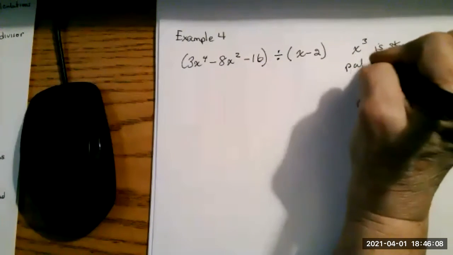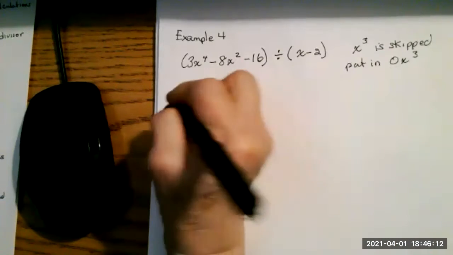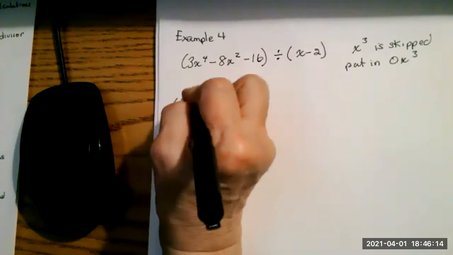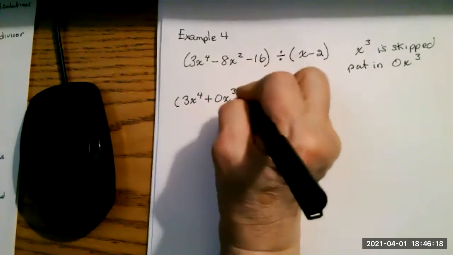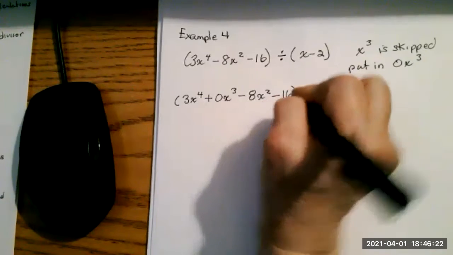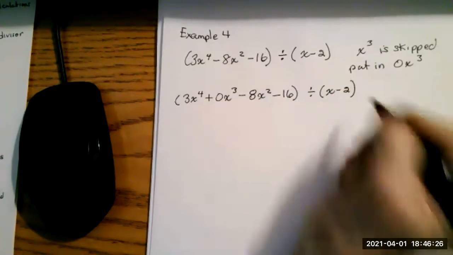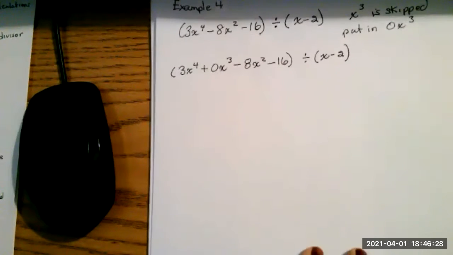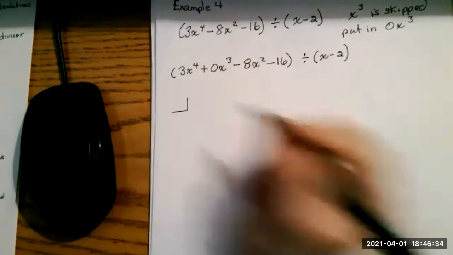So we want to put in 0x cubed. So I'm going to rewrite it. 3x to the 4th plus 0x cubed minus 8x squared minus 16 divided by x minus 2. Okay, now this is where I want to draw a little box right here.